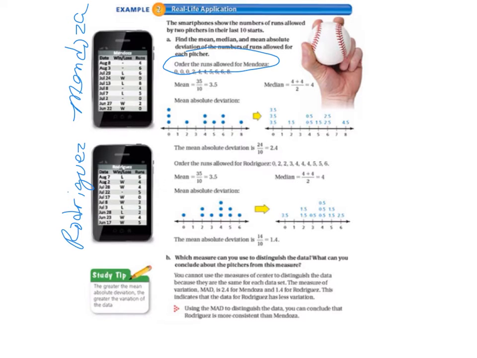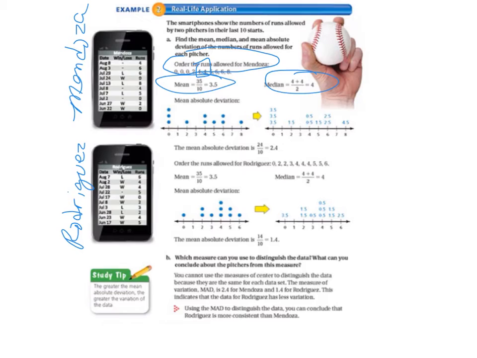And so the mean is 3.5, and the median is 4 plus 4 divided by 2, which is 4. So when you cross out all the numbers on the left and the right, you end up with 2 4s in the middle. So it's 4.